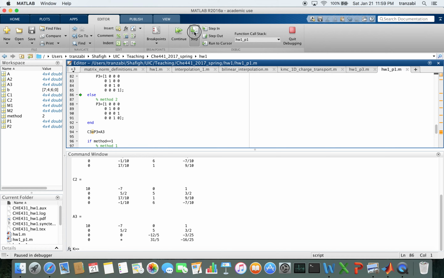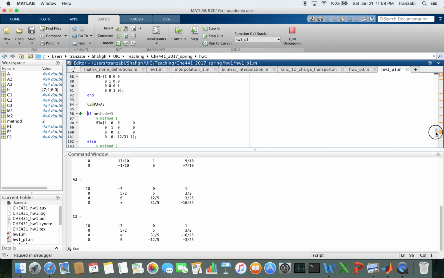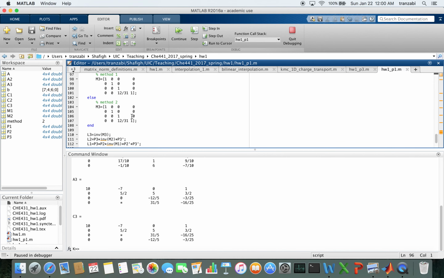Let me do that again. So here the third column below the diagonal is in descending order, and then the final step would be the coefficient matrix, which is 12 by 31, and that is right here. Let me do that.